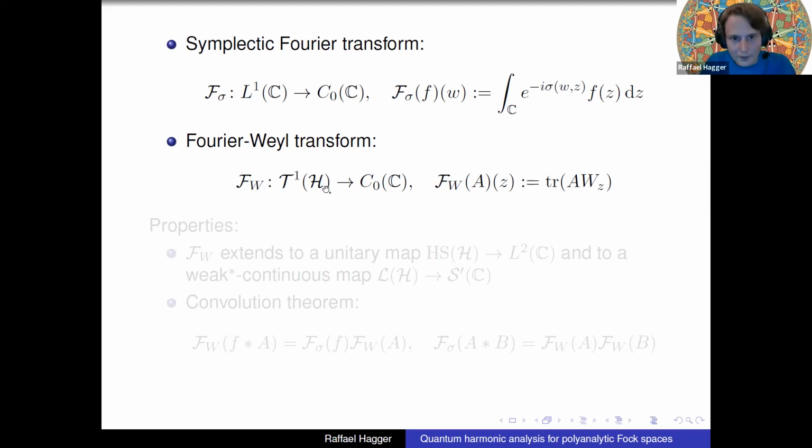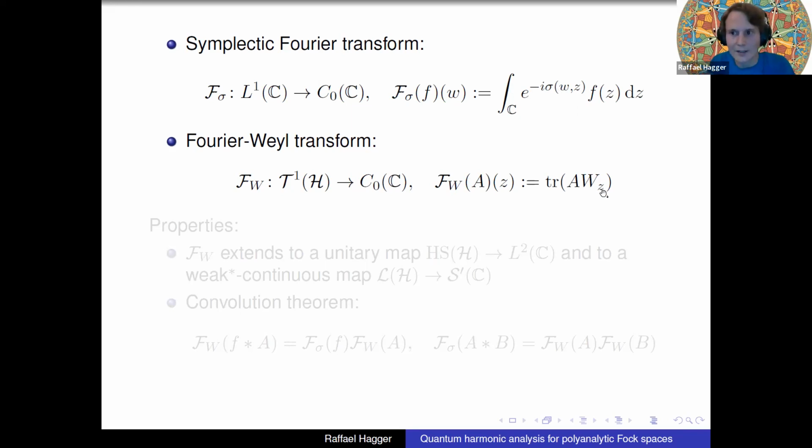Well, anyway, so you do this, and then again, the integral you replace by the trace. You have your function, that's now an operator, and then you have these exponentials. Well, these are the characters of your symplectic space, and these are then replaced by these Weyl operators.